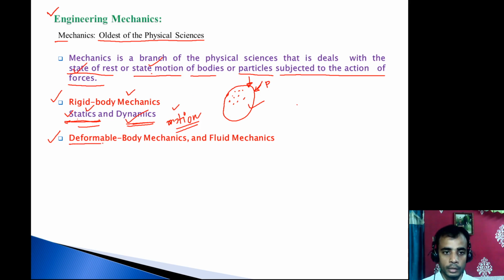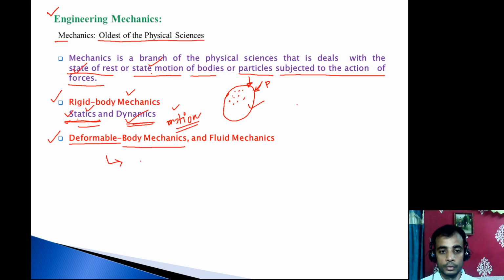Now deformable bodies are those bodies which deform under the action of forces. That means if the body is not rigid, then if you apply a load on the body, the body will deform. Clear? Those bodies are called deformable bodies, and the mechanics is called deformable body mechanics.